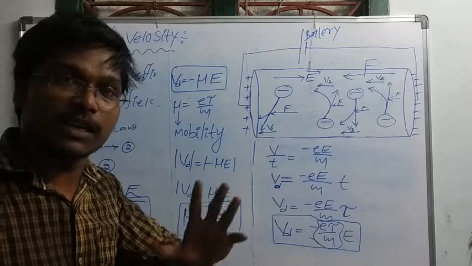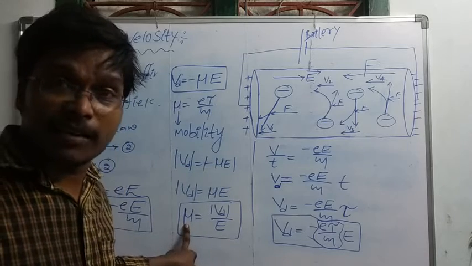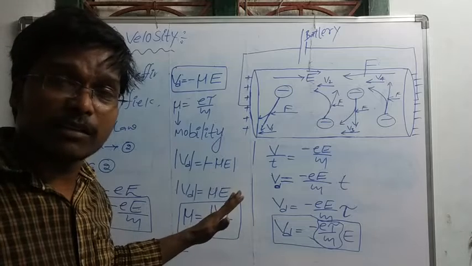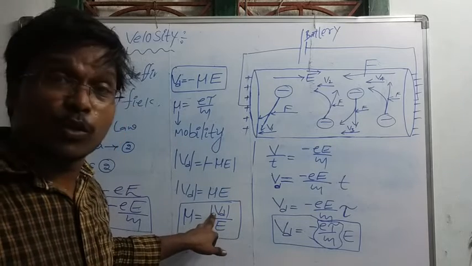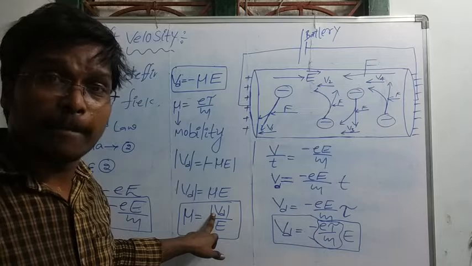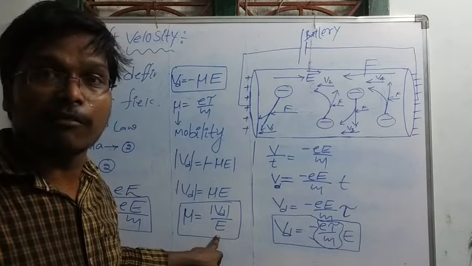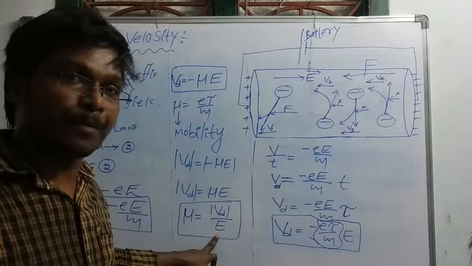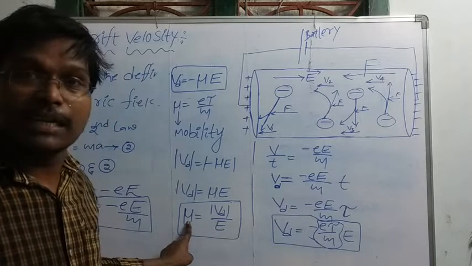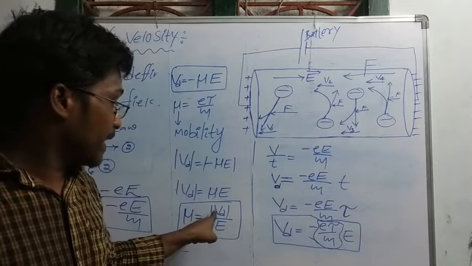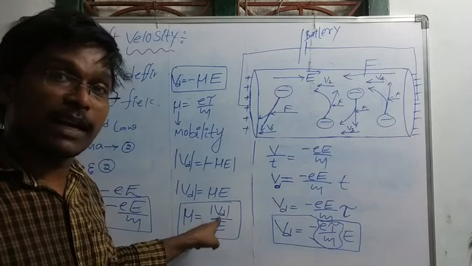We can remember easily. Mobility is defined as the ratio between the magnitude of drift velocity per unit electric field. Once again, mobility is defined as the ratio between drift velocity and electric field.